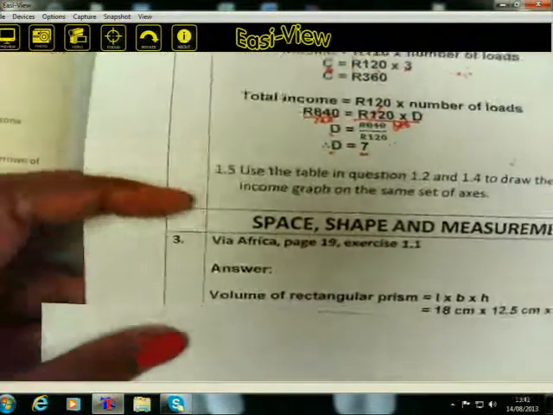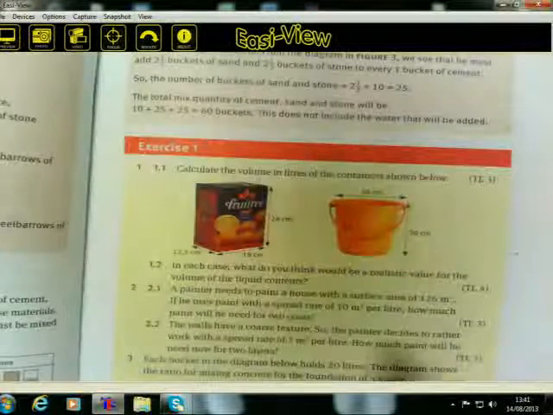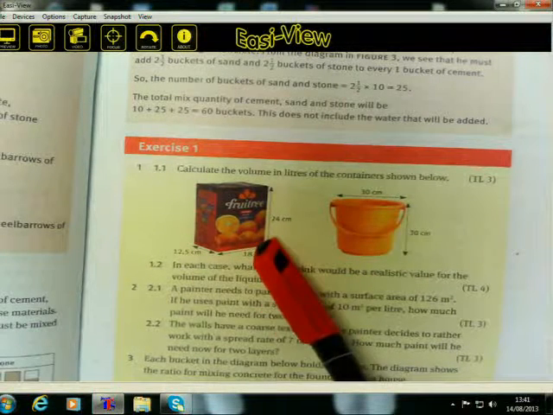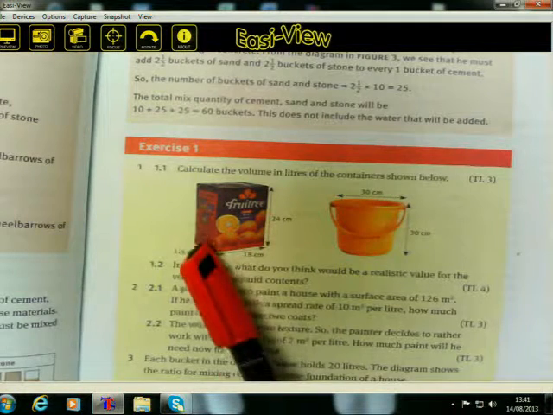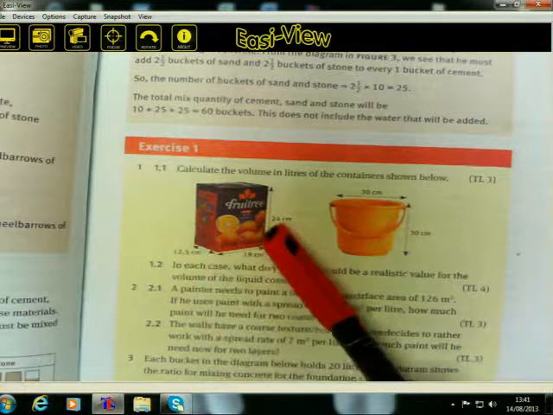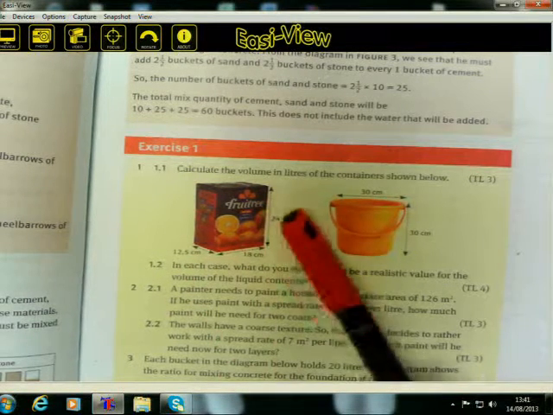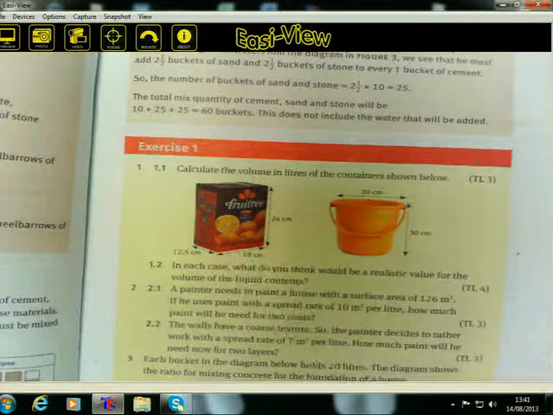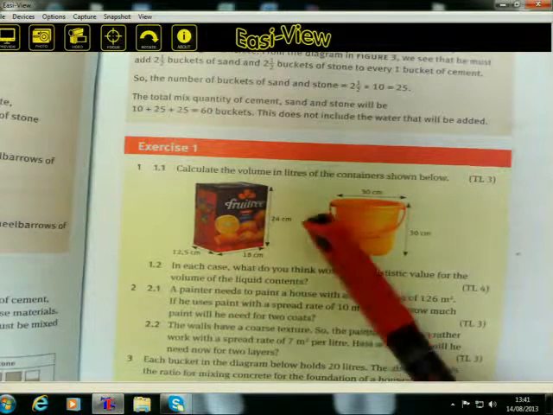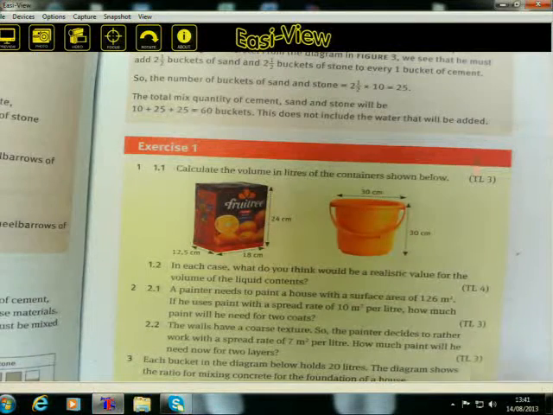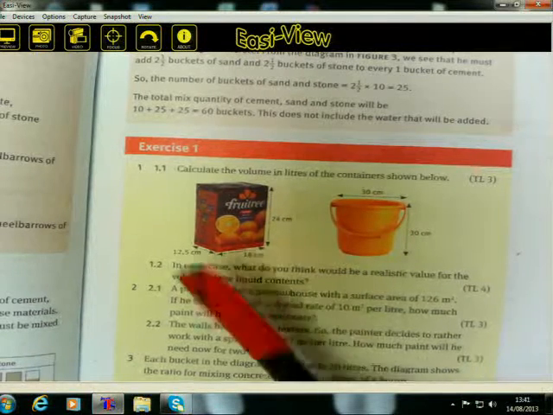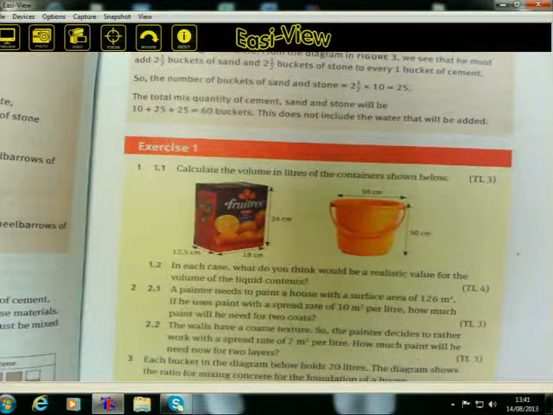Let me go back to the textbook. I said the length is 18, the breadth is 12,5, and the height is 24. And all of these are given in centimeters. So in this case, we don't have to convert the units because all units are in centimeters. All we need to do is to substitute into our formula.